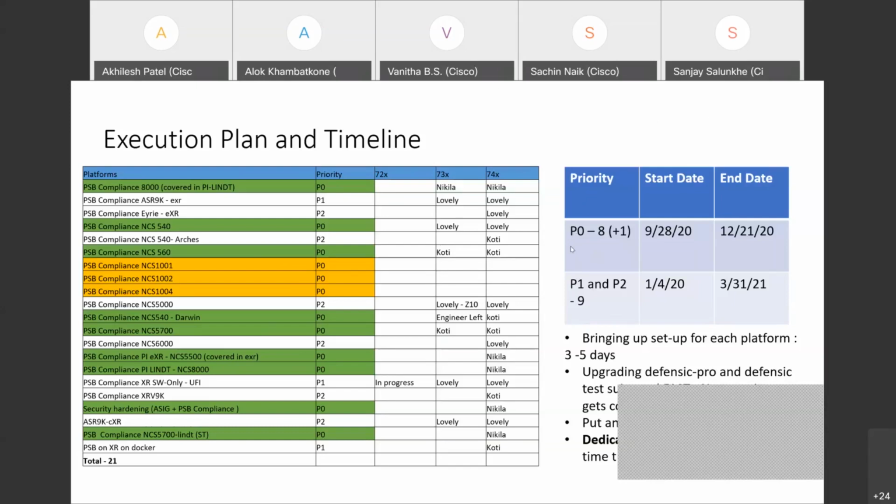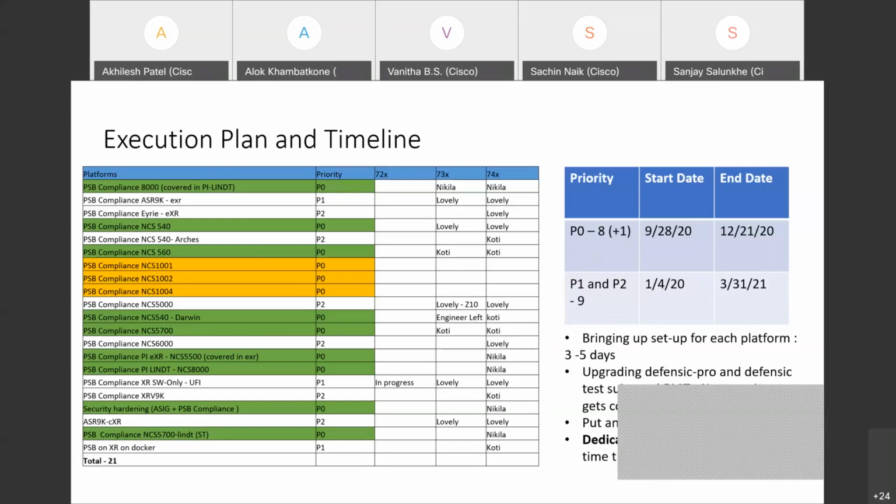P0 list are all the platforms which are CC board stable and they are coming release over release. R9Ks, DNX, ASA9K, 560, optical, all of these platforms are P0s. P1s are mostly NPIs and not much code churn platforms.